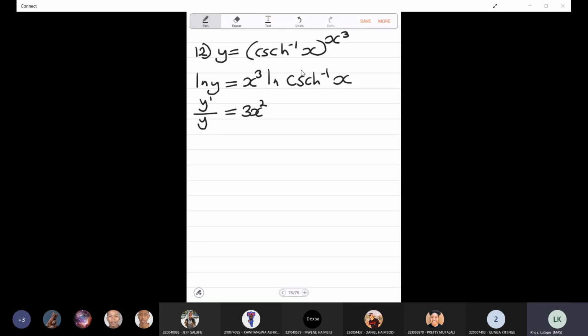This is 3x squared ln of cosec hyperbolic inverse, and then x cubed times the derivative of ln, so that's 1 over cosec hyperbolic inverse of x, and then we multiply by the derivative of this one here, cosec hyperbolic inverse.